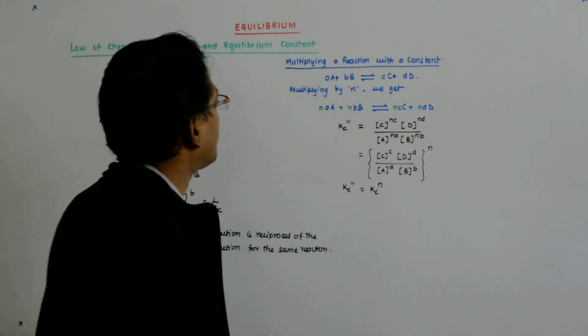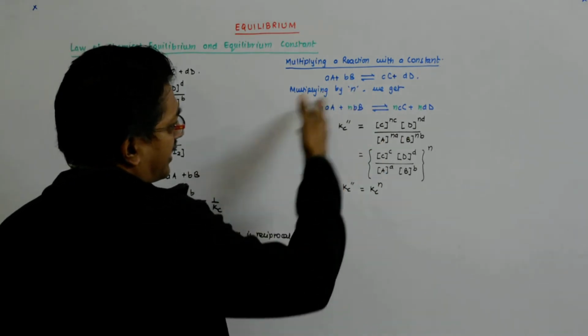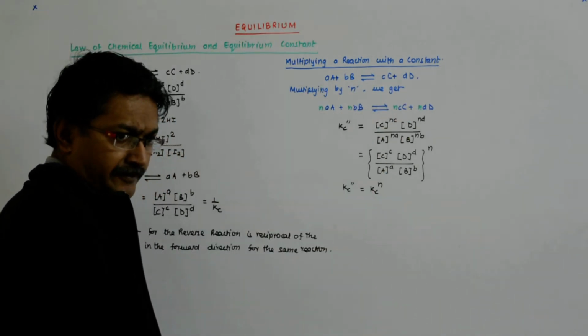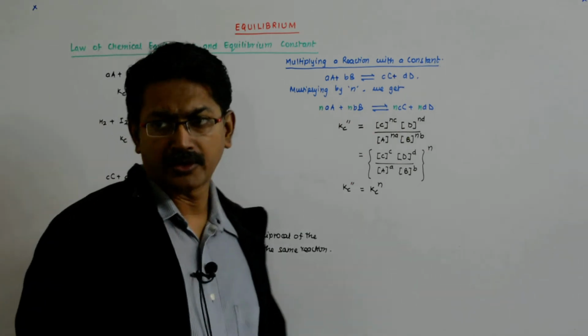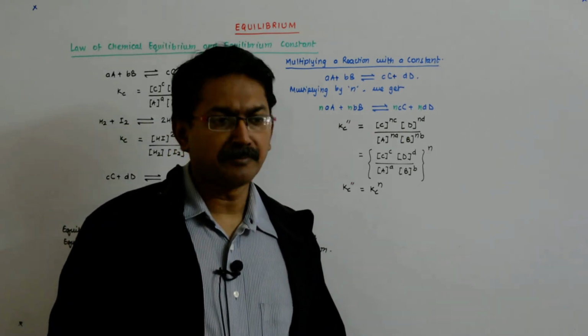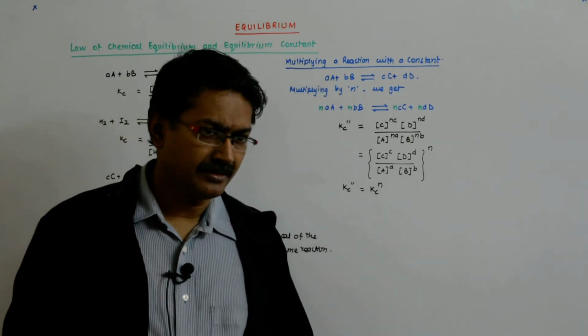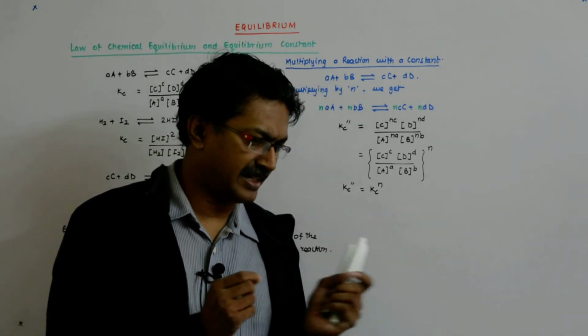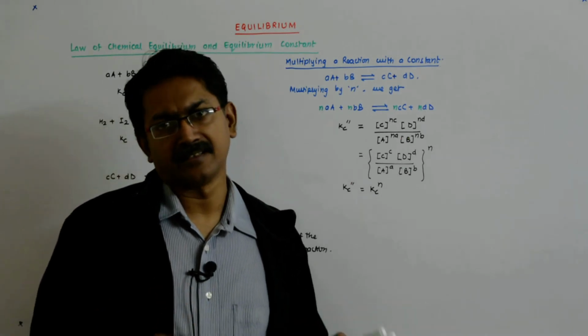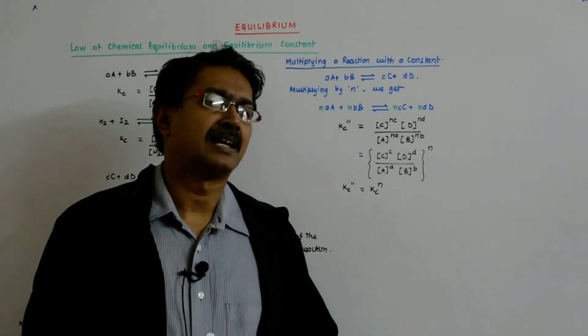Now if I keep on multiplying this by some constant, say 1,000,000, then it will give you some other value altogether. Now does it mean that the equilibrium has shifted just because I have multiplied both the sides by a constant and the reaction is still balanced? The answer is no.